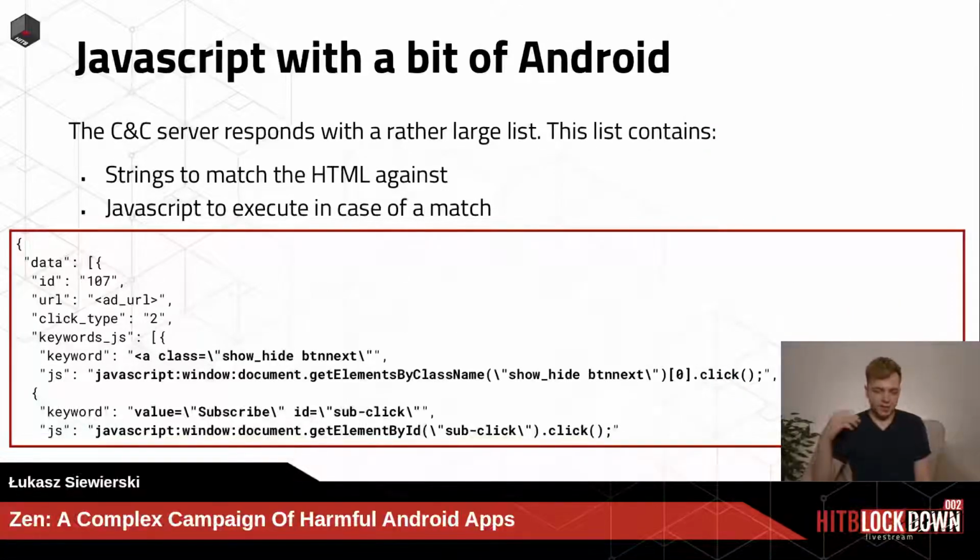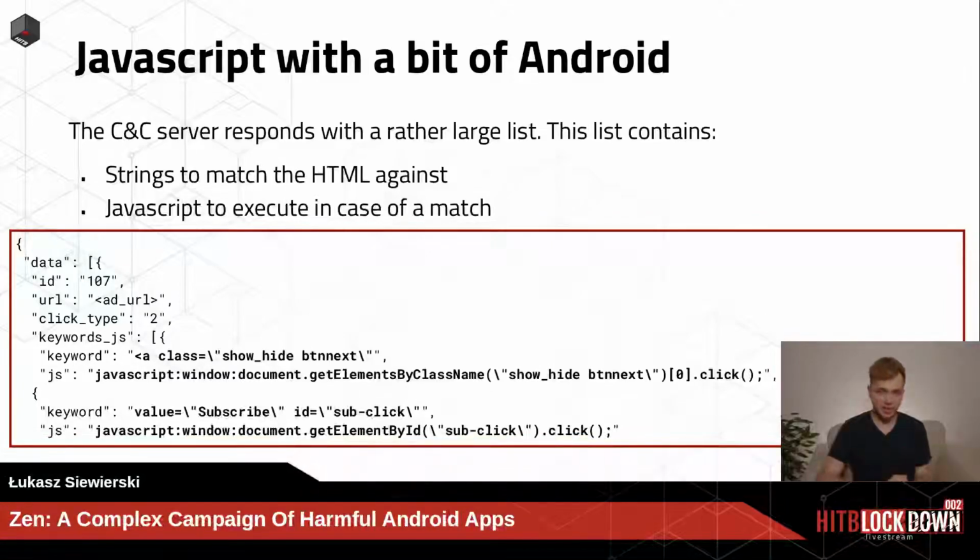The way this click fraud was done in this particular set of apps that come from the same author is through a rather large JSON object. So the app contacts the CNC server, it gets back a JSON object with a rather large list of different key value pairs. And the list contains the strings that will be matched against the HTML of the website.